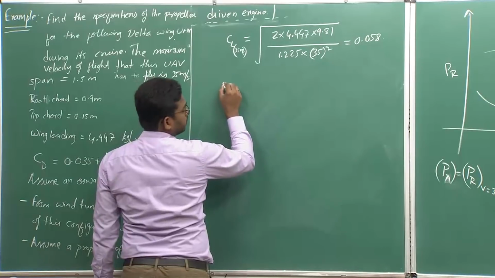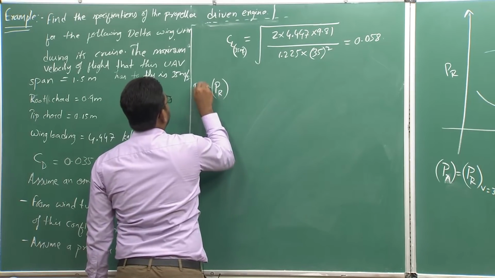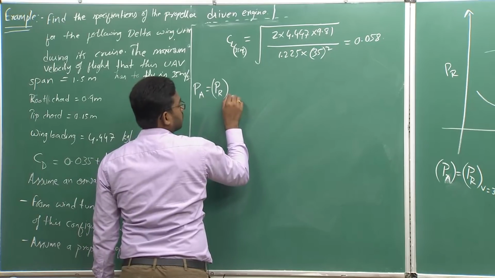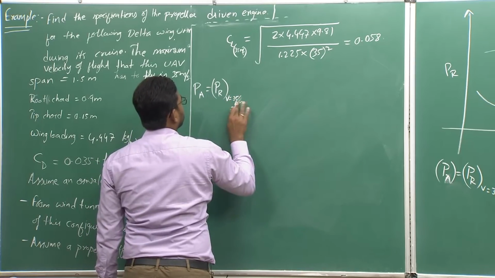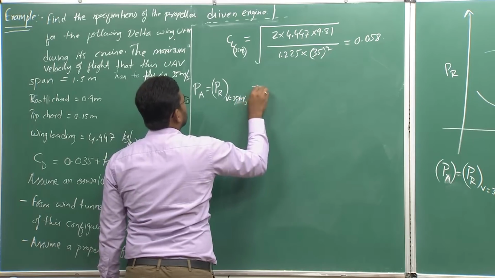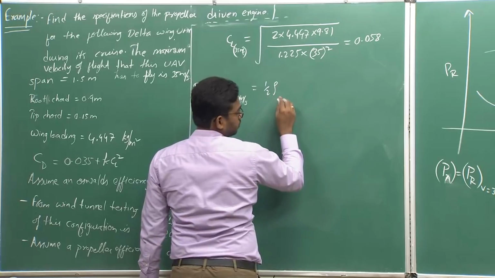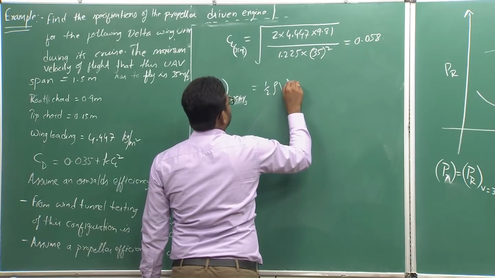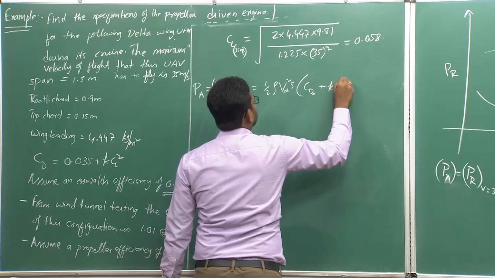What you have to find out is power available equals power required at V equal to 35 meters per second, which is equal to half rho V infinity square S into (CD naught plus K CL square).